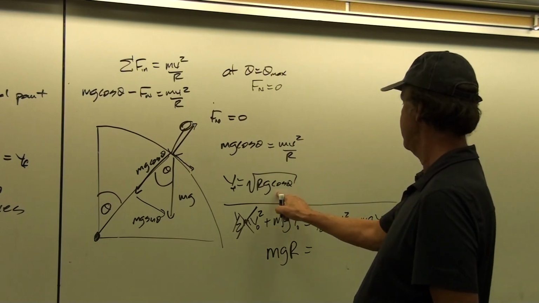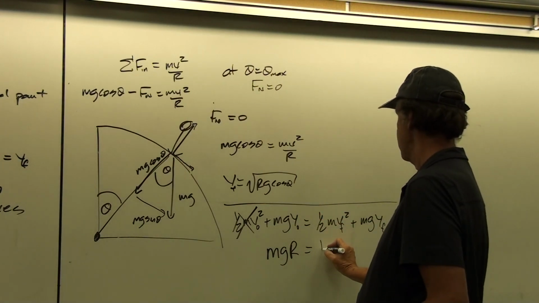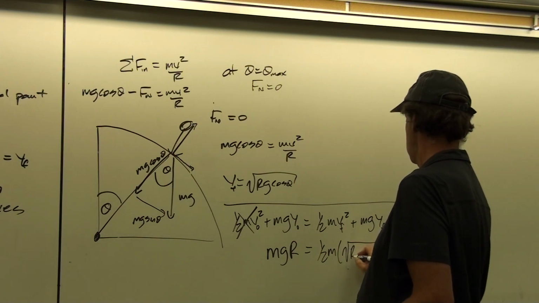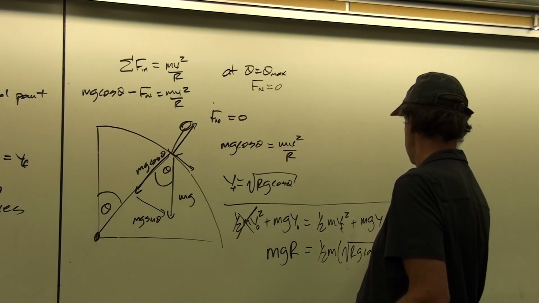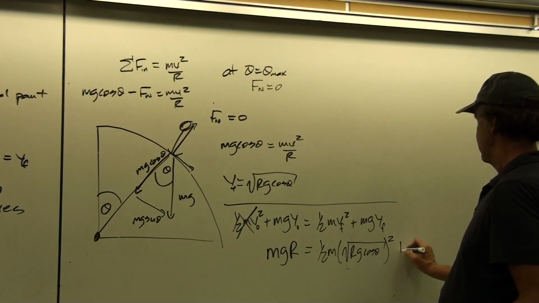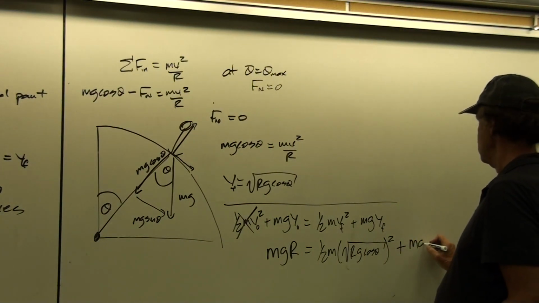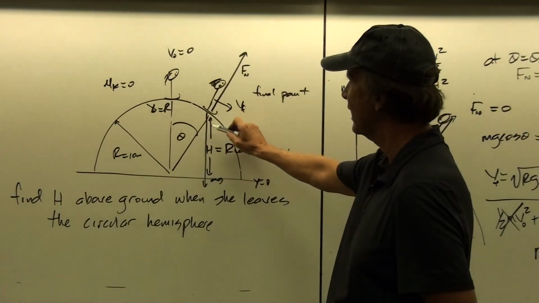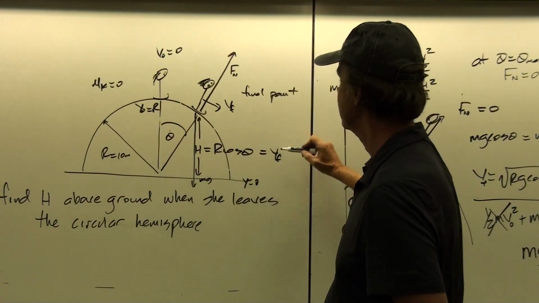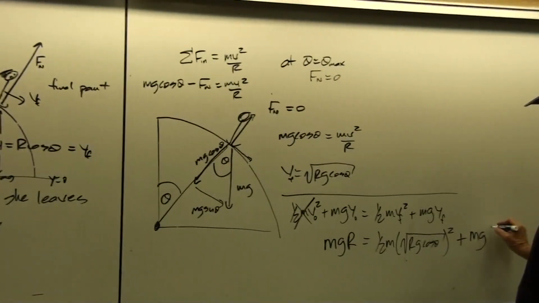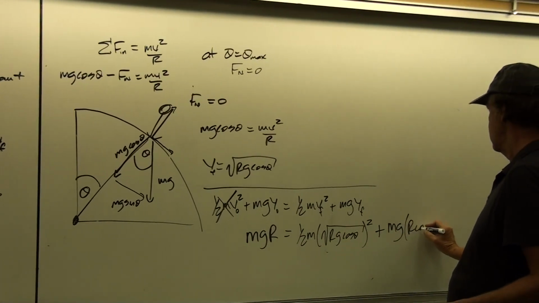And then v final is this. So we've got 1/2 m times square root rg cosine theta squared. That's our final, plus mg times y final. We don't want it in terms of h, but in terms of r and theta, because that's what everything else is in terms of. So I'll write this as mg times r cos theta.